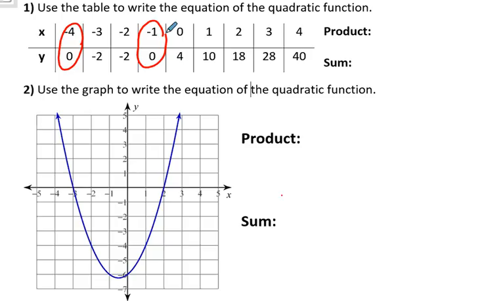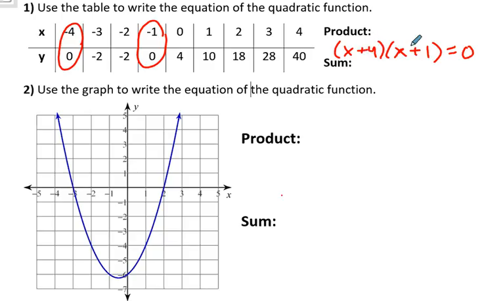Now, when we write the equation as a product, we know that we write x plus 4 times x plus 1 equals 0 as our equation, because the zero product property tells us that this will be 0 when x is -4, because -4 plus 4 would be 0.